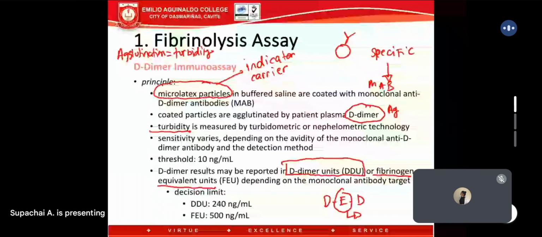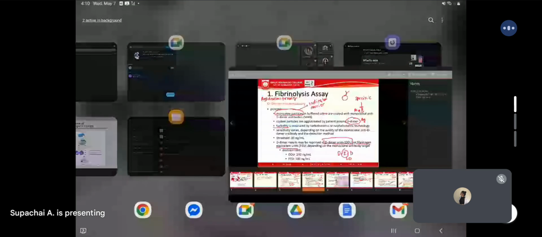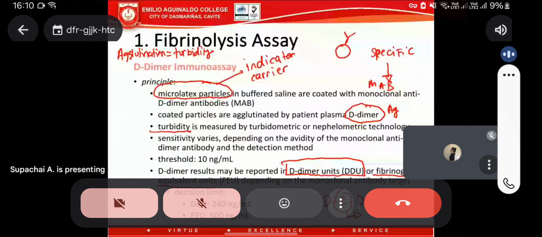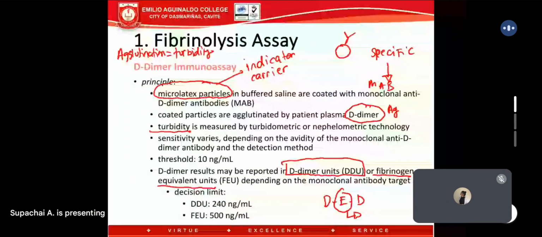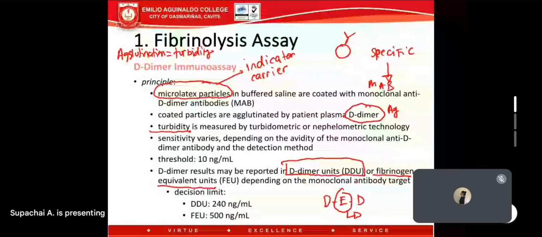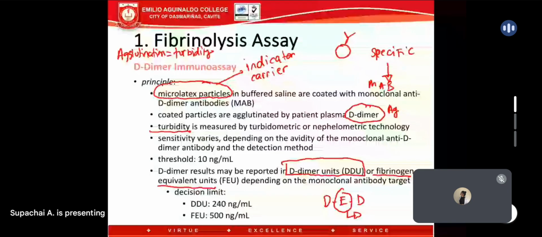In this particular scenario, since it is an immunoassay, D-dimer will serve as the antigen. The monoclonal anti-D-dimer antibodies, of course, would serve as the antibody, while the microlatex particles will serve as the indicator or the carrier of the antibodies so that the agglutination will be visible.